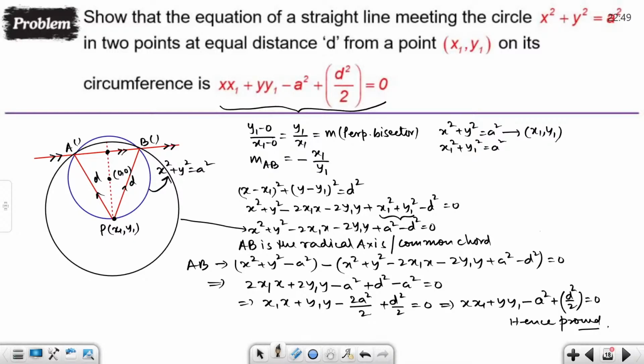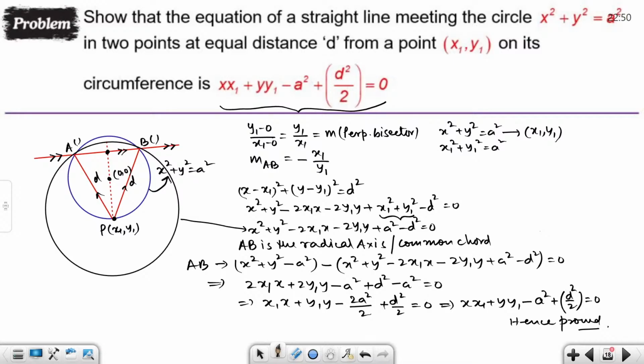So here I have applied a new conception. The conception is that I have constructed a new circle in which the center of that circle becomes the point P and the radius I took as D. So the circle that is constructed is definitely going to pass through A and B, right?